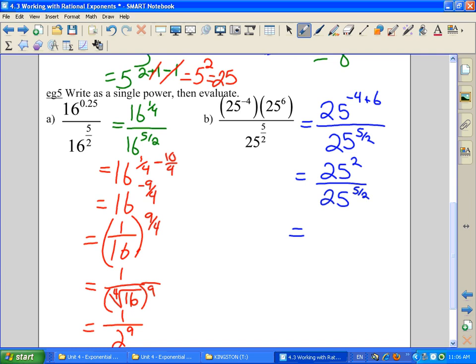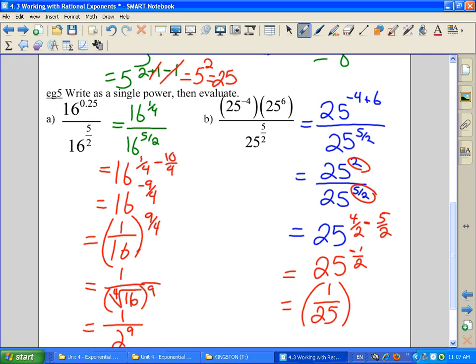Notice we're going to do a division law here, but the denominator is a fraction out of 2, so we need to write the top exponent with a denominator of 2. So I'm going to change that to 4 over 2, subtract 5 over 2, because 4 over 2 is really 2. So it's going to be 25, ladies and gentlemen, to the -1 over 2. Notice that's negative, so it's going to be 1 over 25 to the 1/2.